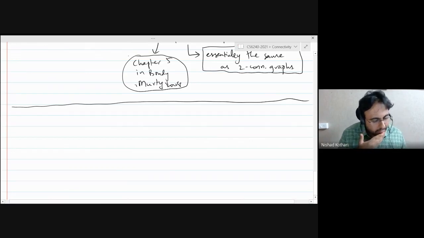Okay. So we have seen what a cut edge is. It's an edge that when you remove, the number of components is going to increase, right? And in this case, it will increase by exactly one. So that brings us to a similar concept of a cut vertex.